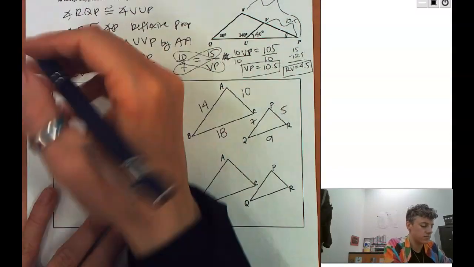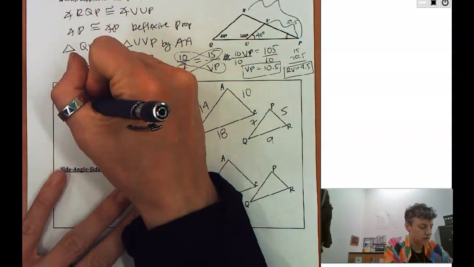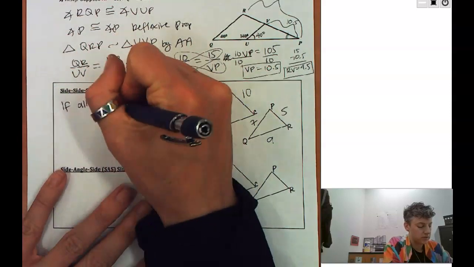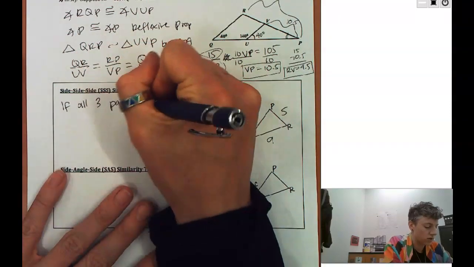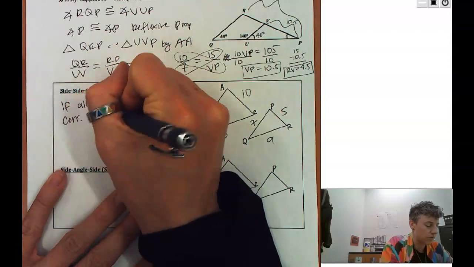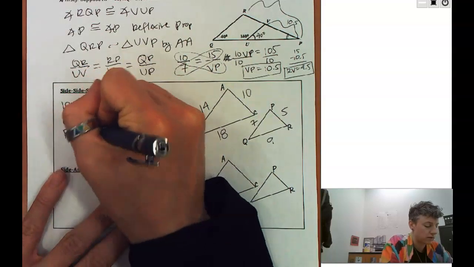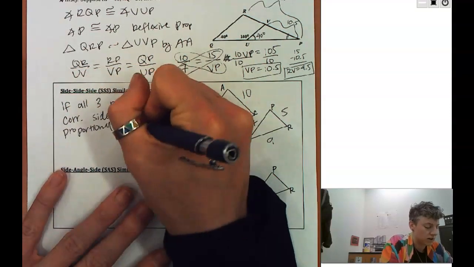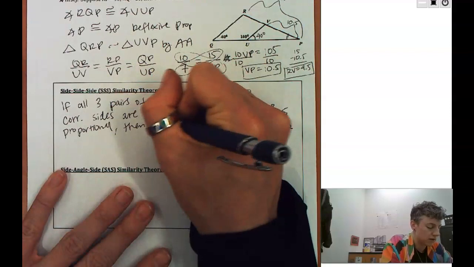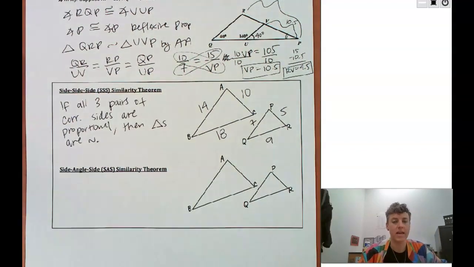So if all 3 pairs of corresponding sides are proportional, then the triangles are similar to each other. How would we do that? We check the proportions.